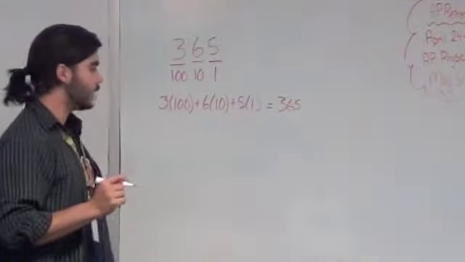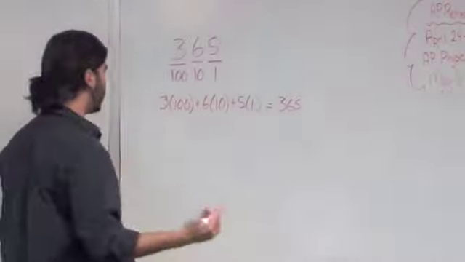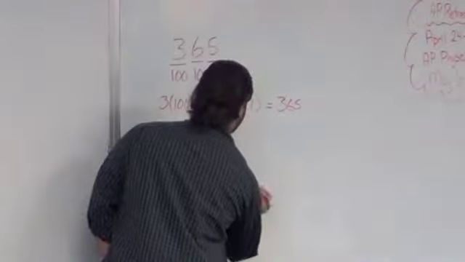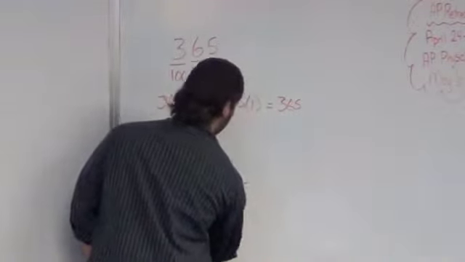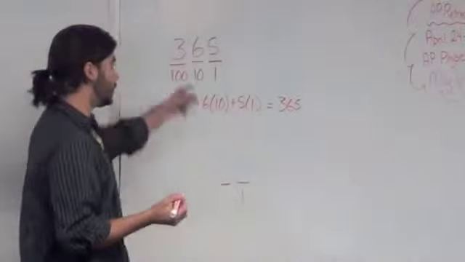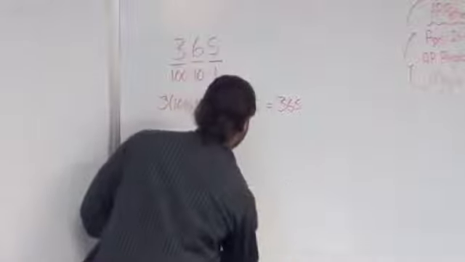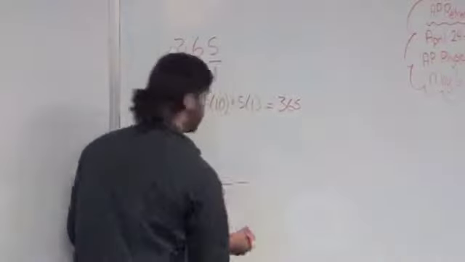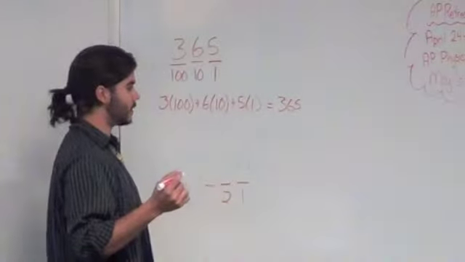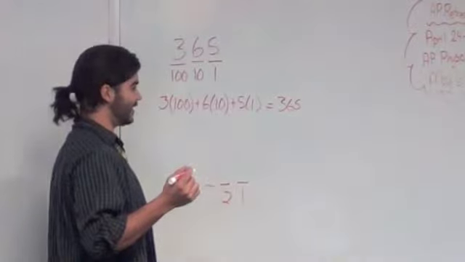You can do the exact same thing in binary, except now the first place is going to be the ones place. What's the second place going to be? It's not going to be tens. Twos, very good, twos place. I want to take a guess at what the third one's going to be? Four.